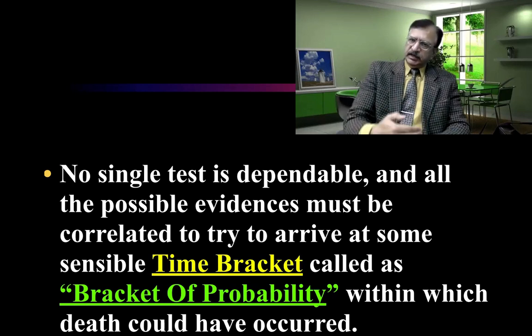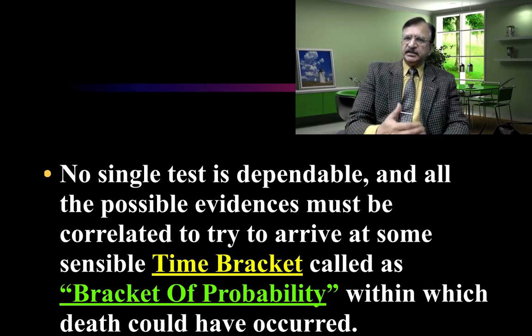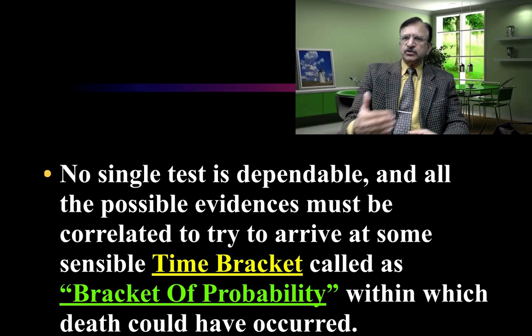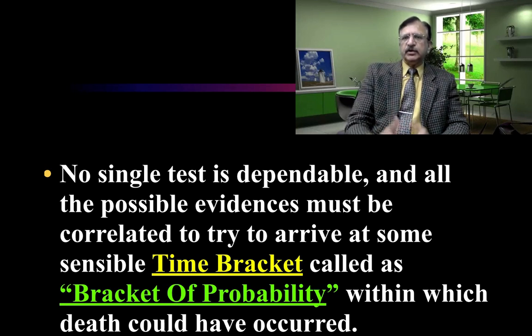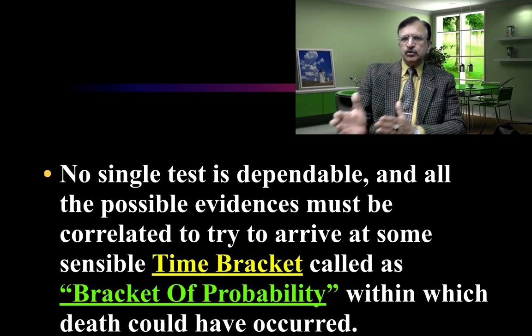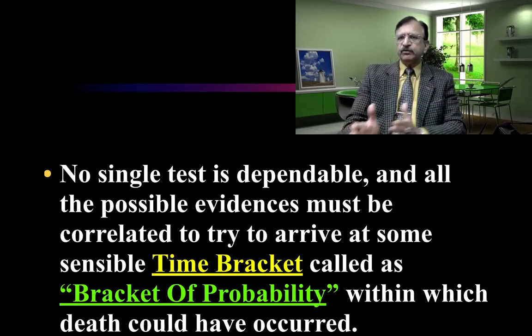That is, when we give the time since death, that doesn't mean that this person is dead since so many hours, so many minutes and seconds. But by studying the changes which you have noticed on the body, because they appear in a definitive chronological order in a time frame, we estimate those changes and give a bracket of probability, that this is the time frame, since 6 to 12 hours, 12 to 24 hours.